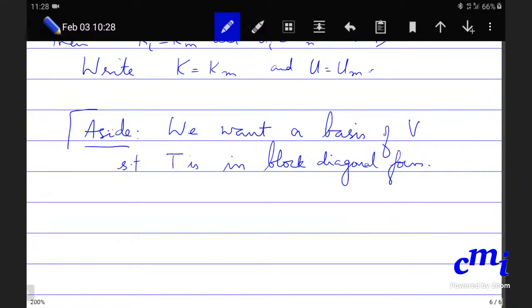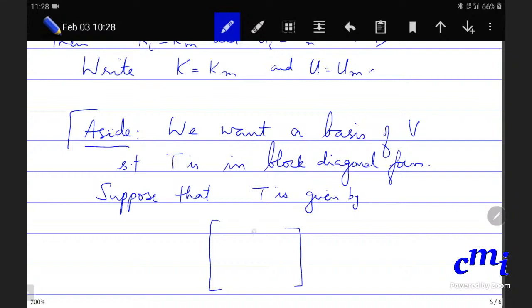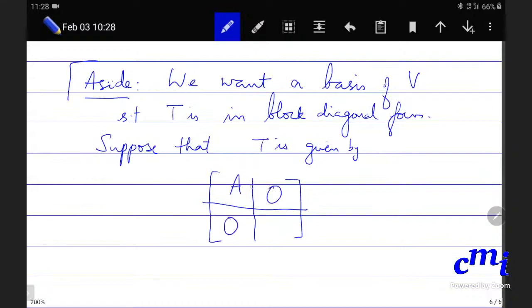Suppose that T is given by a block matrix, which you can just think of as two blocks, A and B, with respect to a basis V1 through Vn1, and then Vn1 plus 1 through Vn.